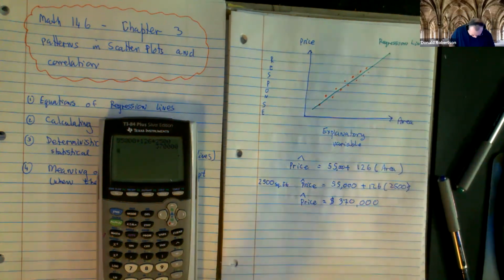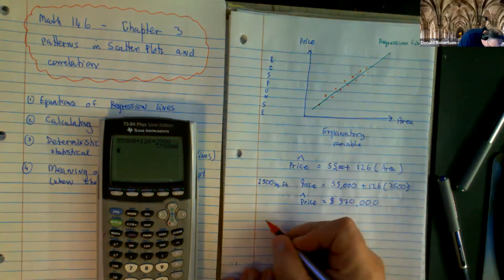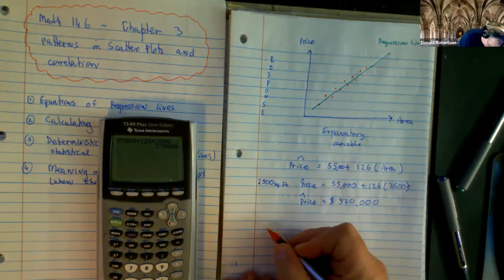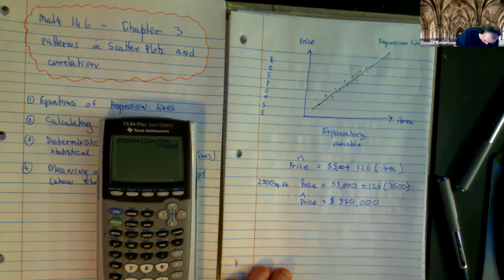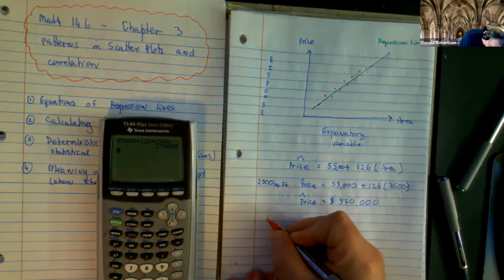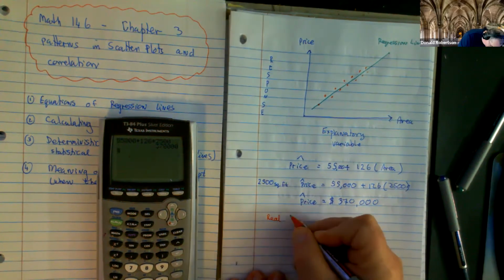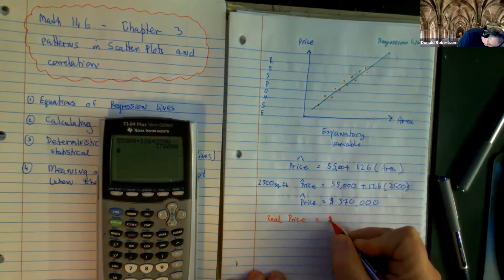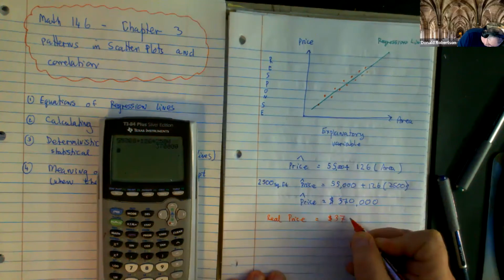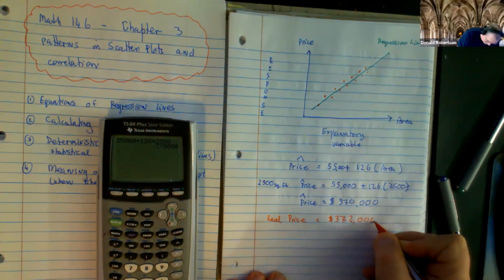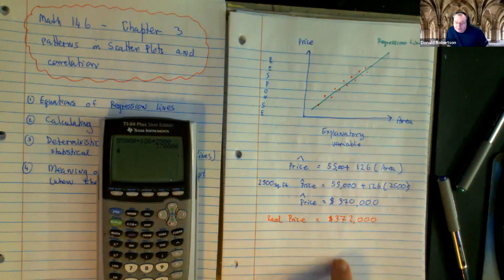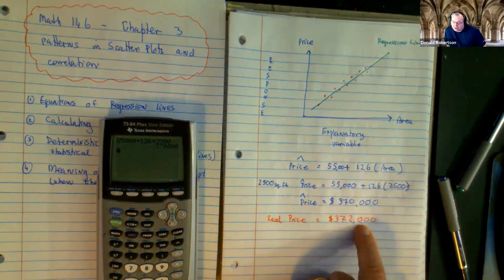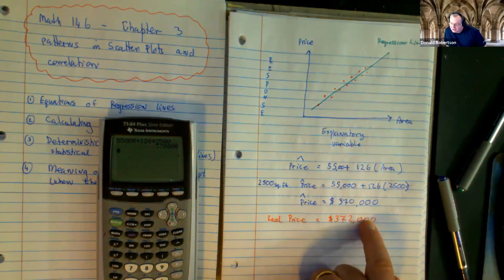And that's cool. Now, let's say that same person actually did sell their house, and the real price that it sold for was 372,000. I would be very happy with that model. Would you agree that it predicted an answer that was dead close to reality, right?